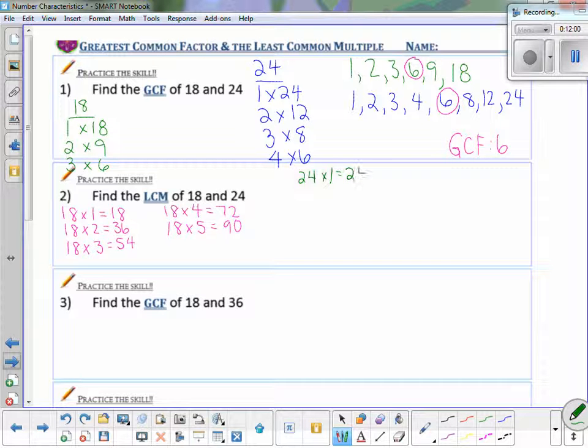Okay, you should be writing this down with me right now. 24 times 2, 48. 24 times 3, 72. 24 times 4 is 96.